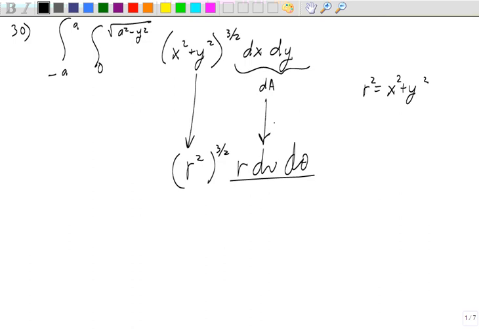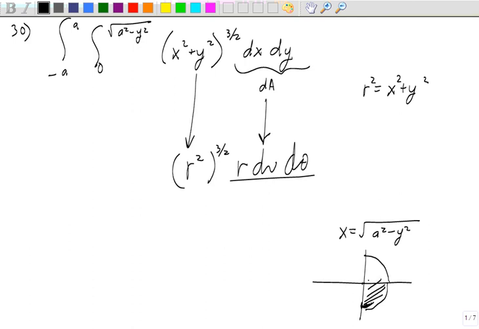And if I look at this picture here, I have x equals the square root of a squared minus y squared, which is a circle, and x goes from 0 to that circle, so I get the top and the bottom because y can be positive and negative because y is squared here.